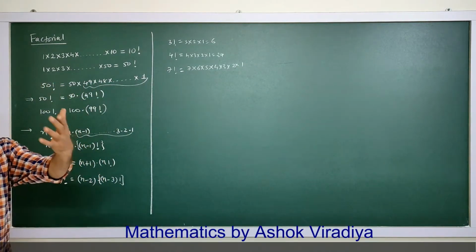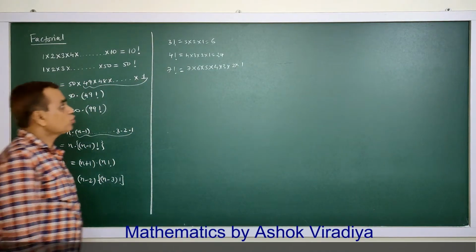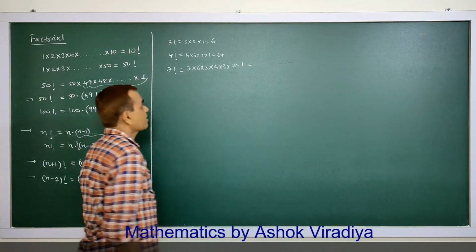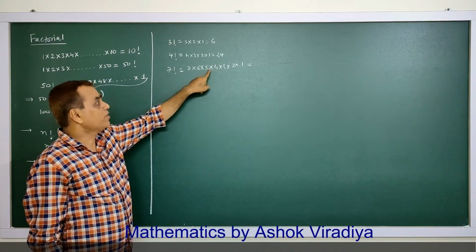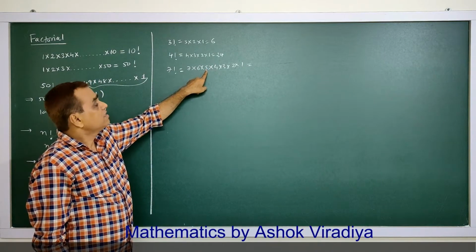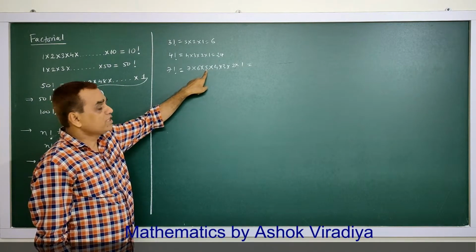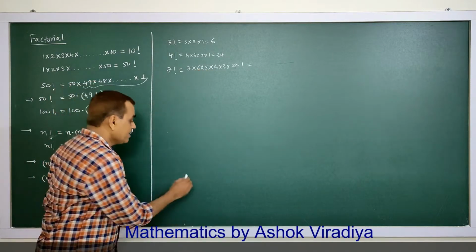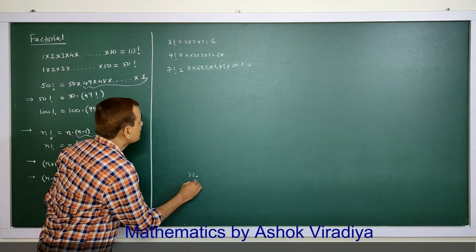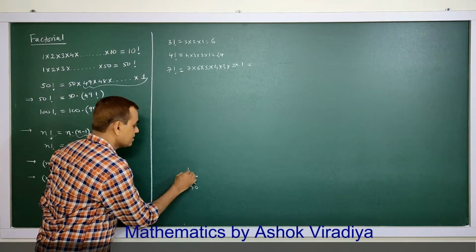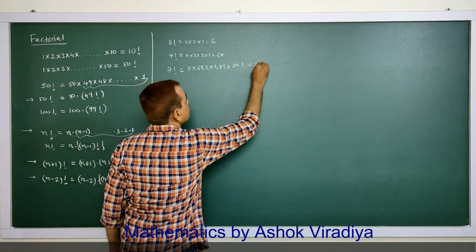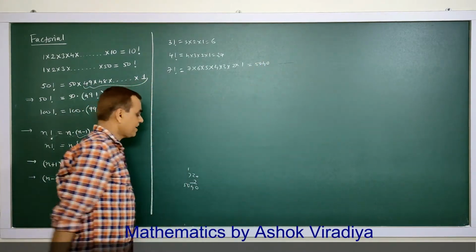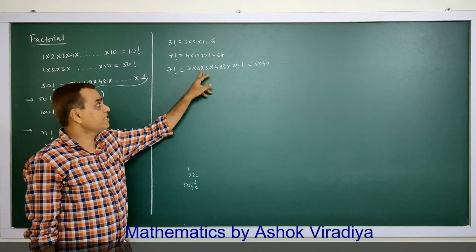Product of first 7 natural numbers. So this is 1 into 2, 2 into 3, 6 into 4, 24 into 5, 120 into 6, 720, 720 into 7, that is 5040. 7 factorial is 5040.